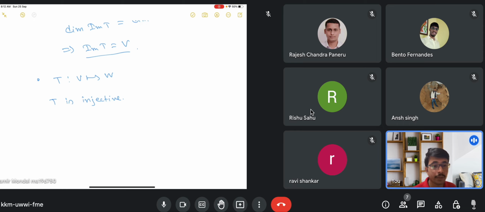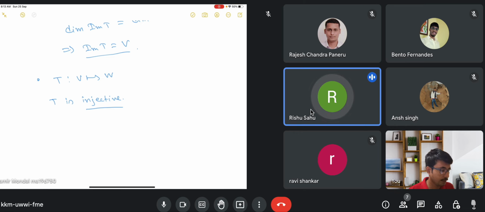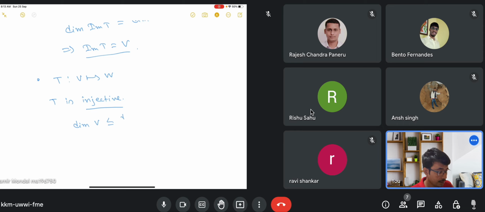Which one will be bigger or smaller? I am expecting this type of relation from these conditions. T is injective means the dimension of V is less than or equal to the dimension of W. Is it? Yes, sir. How?